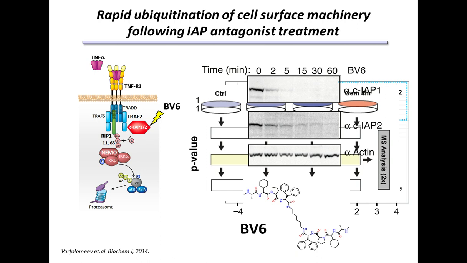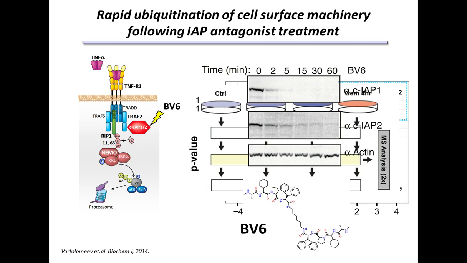So a question we wanted to ask was, when BV6 activates CIAP, is CIAP the only protein that gets ubiquitinated in response, or are some of the other proteins in its local vicinity also modified by ubiquitin upon that transient activation? We carried out a KGG experiment following BV6 treatments of 5 or 20 minutes, and carried along a gemcitabine control for historical purposes.